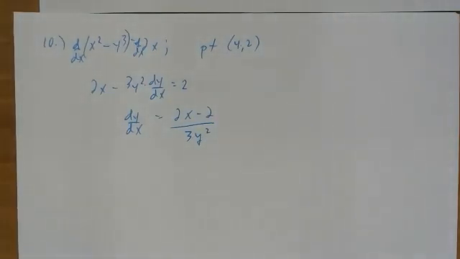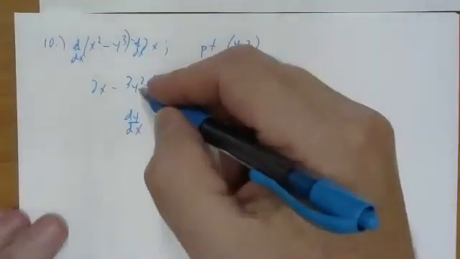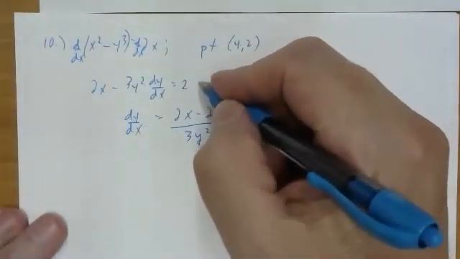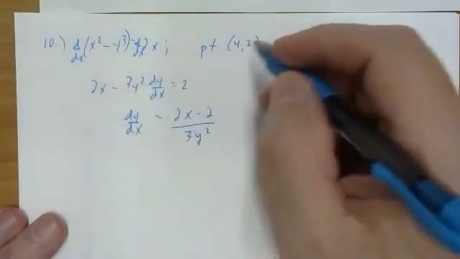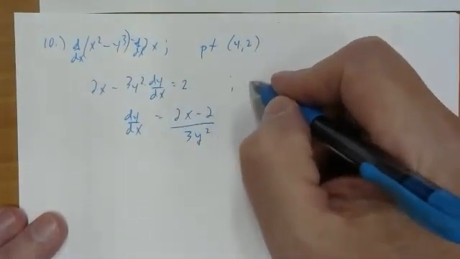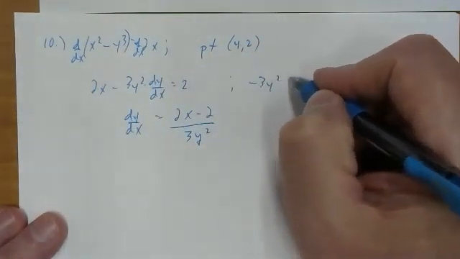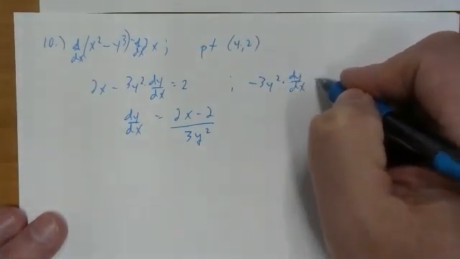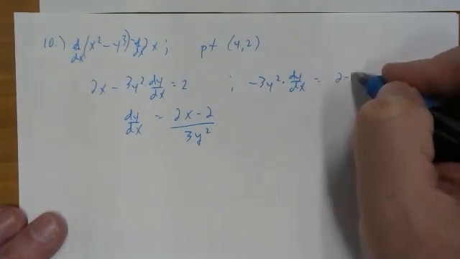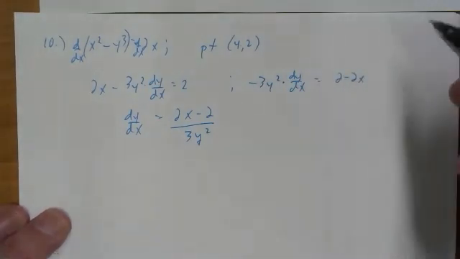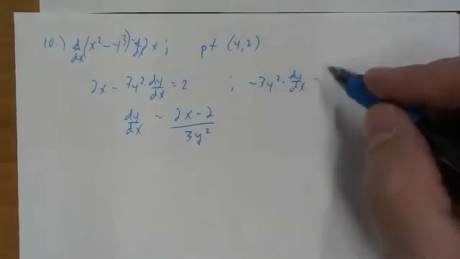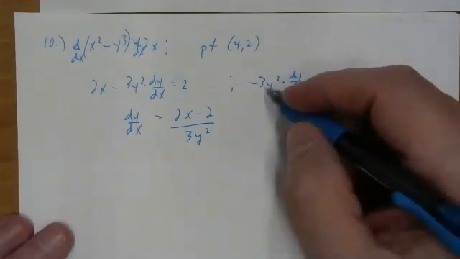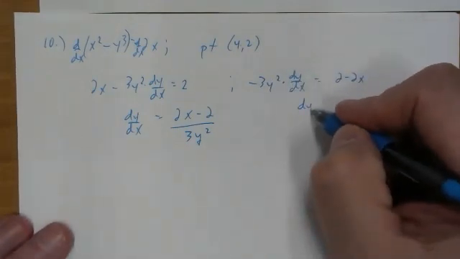I did a couple steps in my head, but let me do it out in case some of you get confused. I'll subtract 2x from both sides. So I'll divide both sides by minus 3y squared.